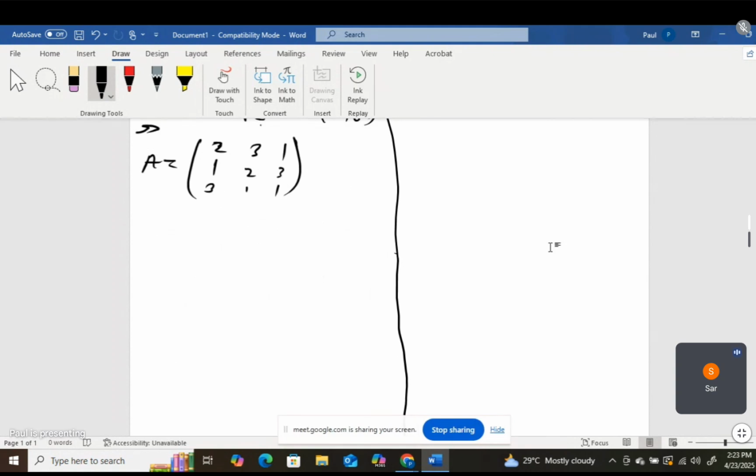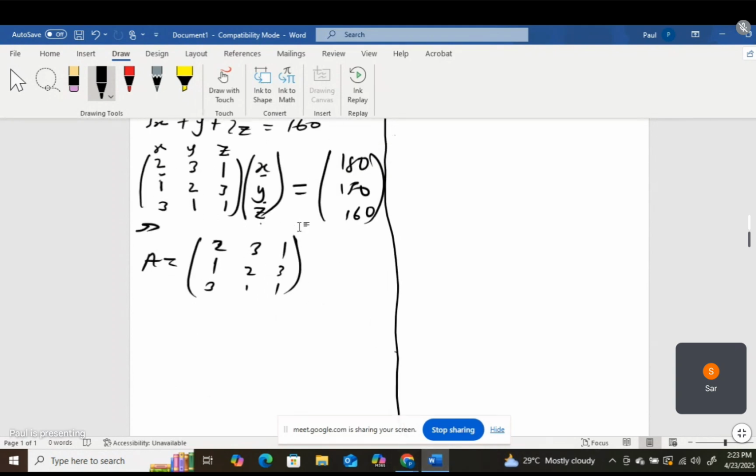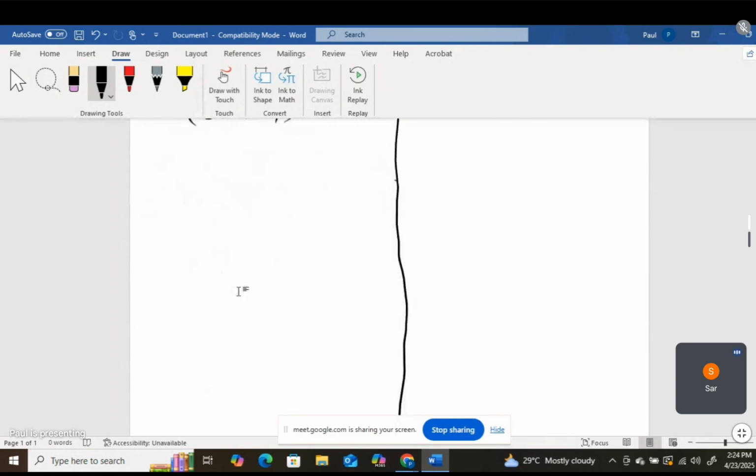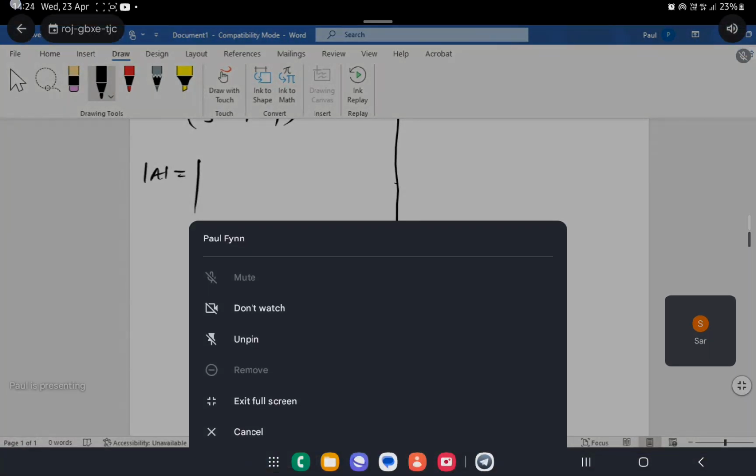You just need that as your main matrix. You use that main matrix to find its determinant.